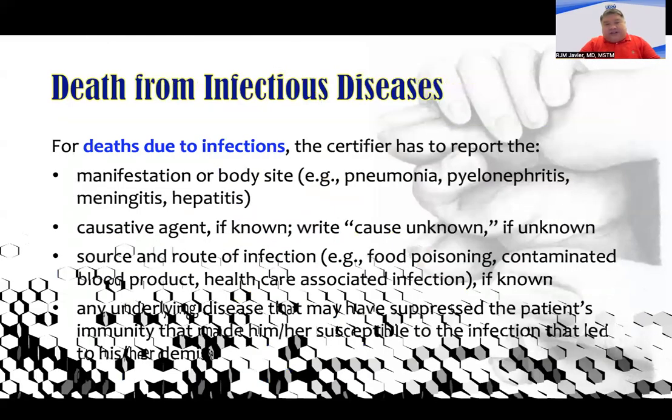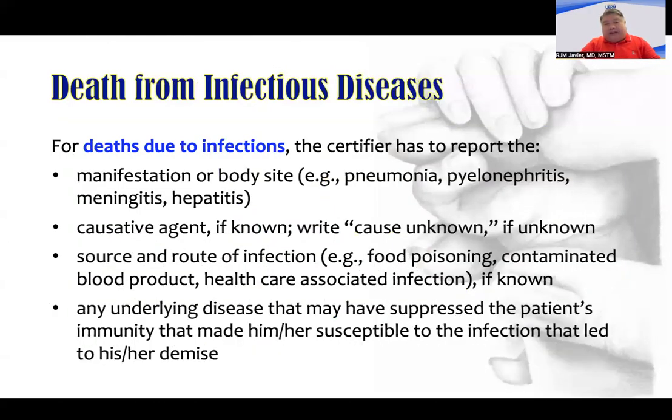If it's an infectious disease, the certifier has to report the manifestation at the body site, for example pneumonia, or if the causative agent is unknown, you can write unknown. You just have to put the source of infection.